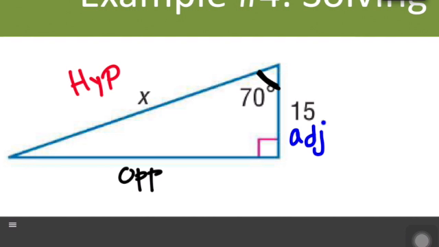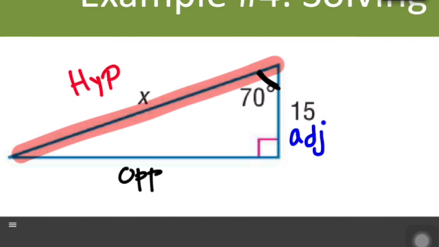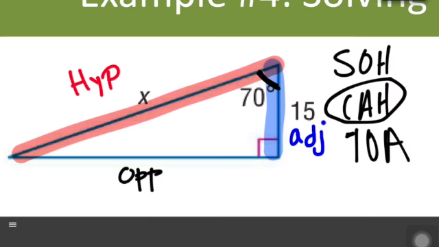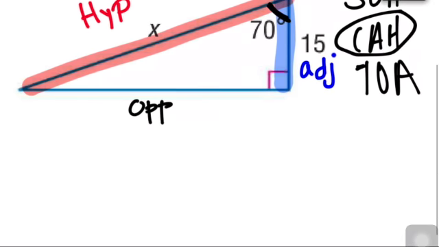Second step is to see what's given and what we need to solve for. In this case, we need to solve for the hypotenuse, and we're given the adjacent. Now I look at SOHCAHTOA and ask, which trig function has adjacent and hypotenuse? Well, CAH does, so I have to use the cosine.